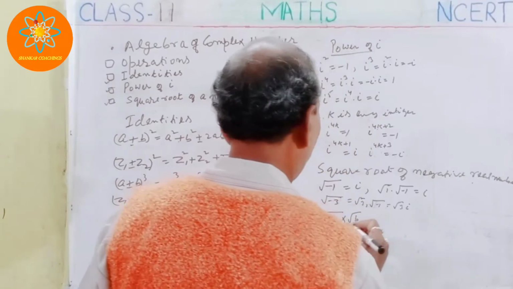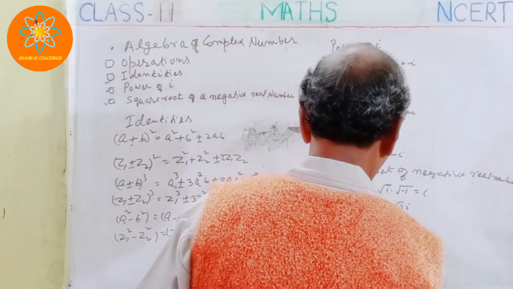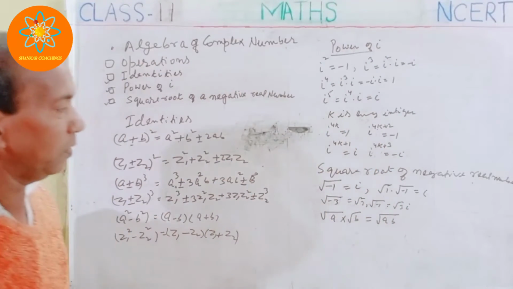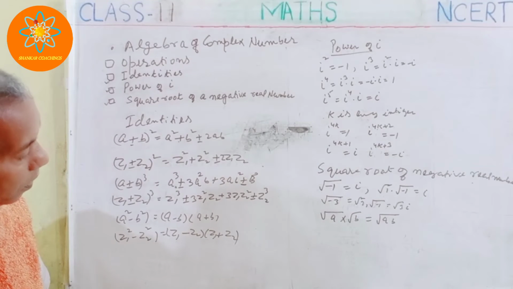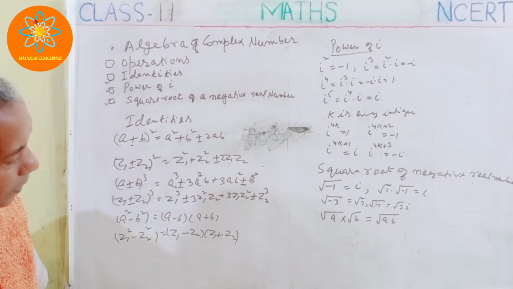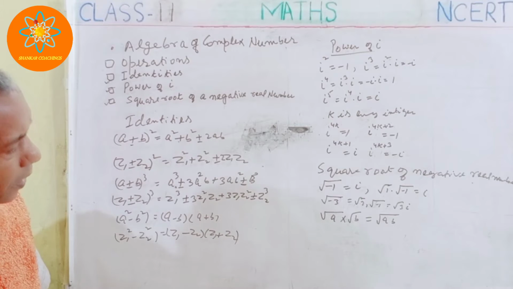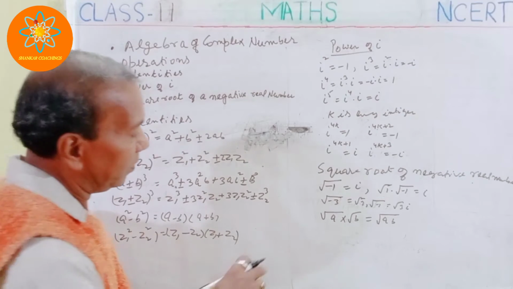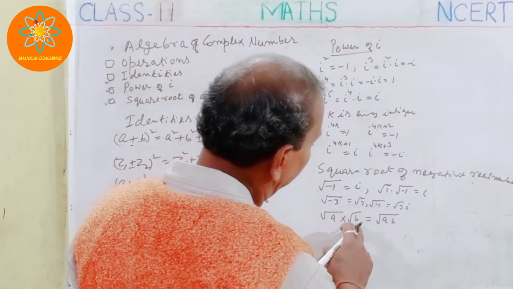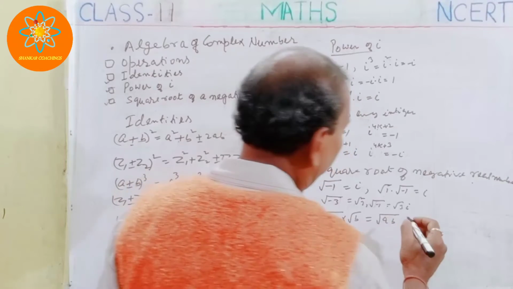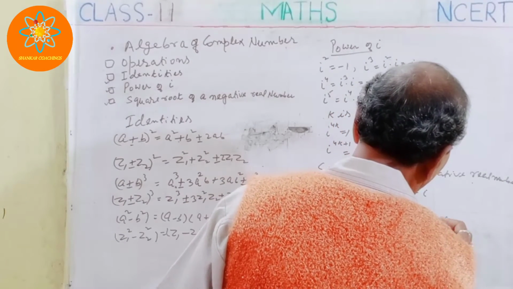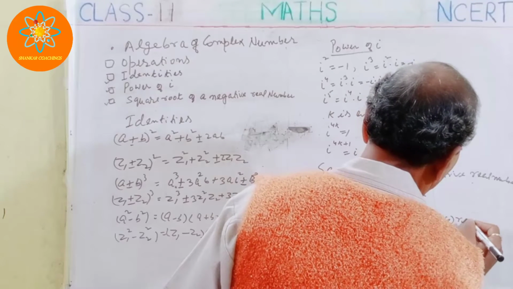Root a into root b is equal to root ab, when a and b are positive real numbers.